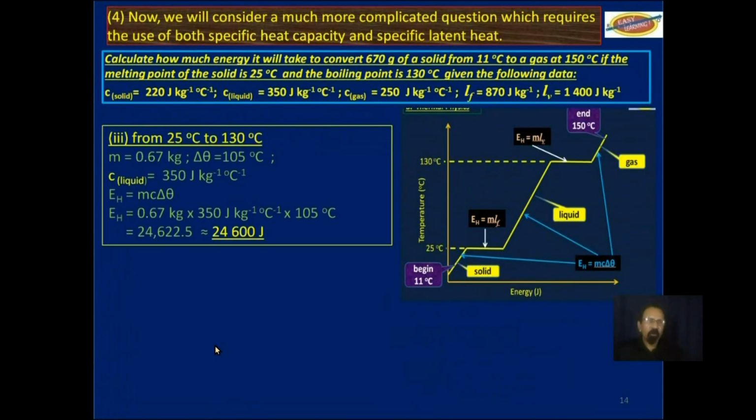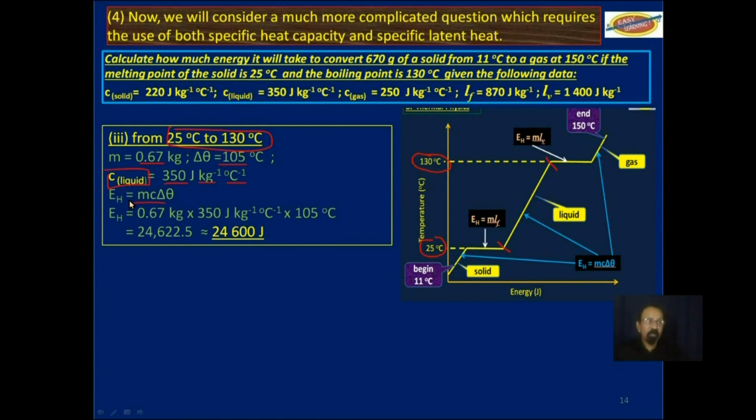We have to heat that liquid from 25 degrees Celsius to 130. So from 25 to 130, the change in temperature is 105. It is the same mass. The specific heat capacity of the liquid is 350 joules per kilogram per degree Celsius.